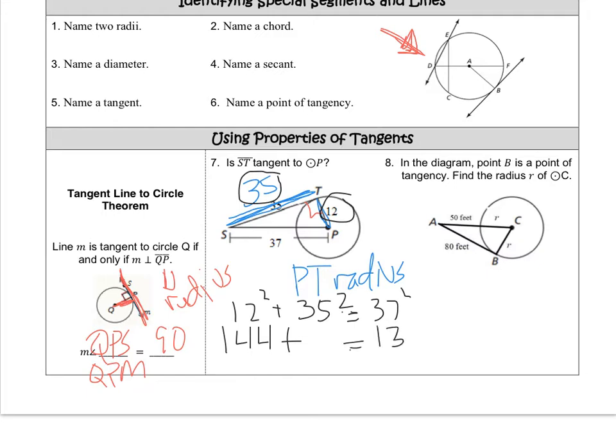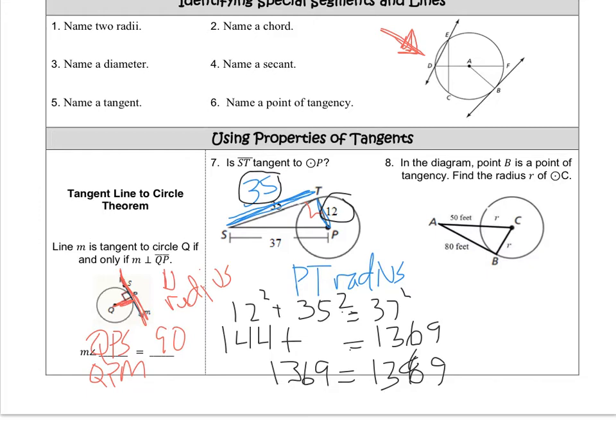I know 37 squared is 1,369. When you do these totals, you end up getting that the 2 legs squared and added equals the hypotenuse squared, so therefore it is a right triangle, which means this is a tangent line. So that's one way you could prove it.